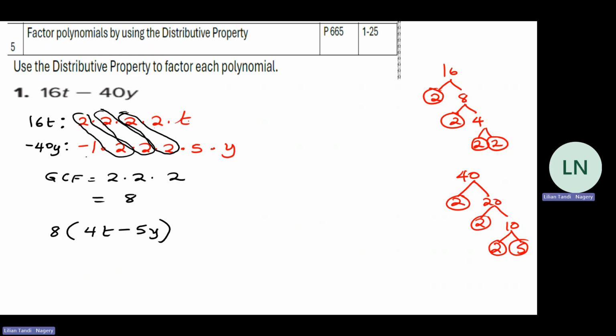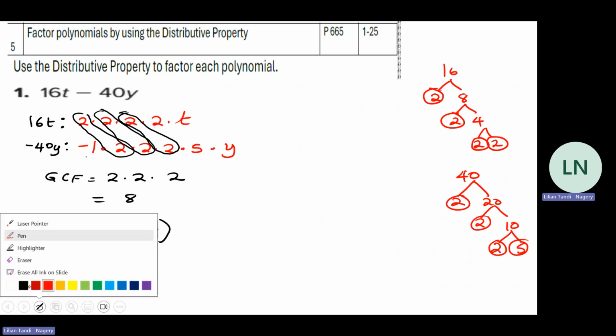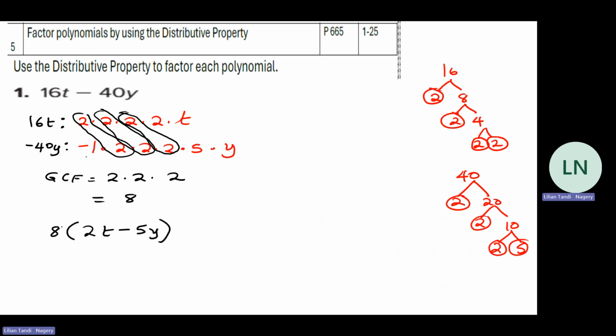Okay? Like that. So this should be 2 and not 4. Now 8 times 2 is 16, and 8 times -5 is -40. Okay, so that's how I know this is my answer. Okay, so this goes in.